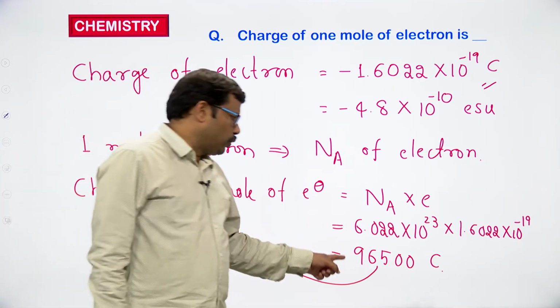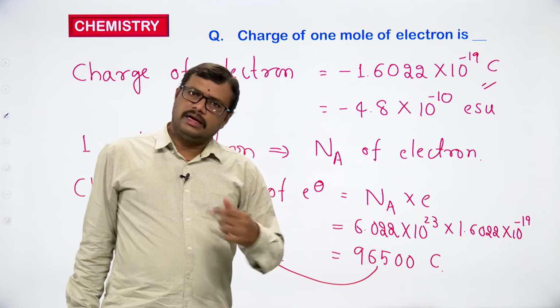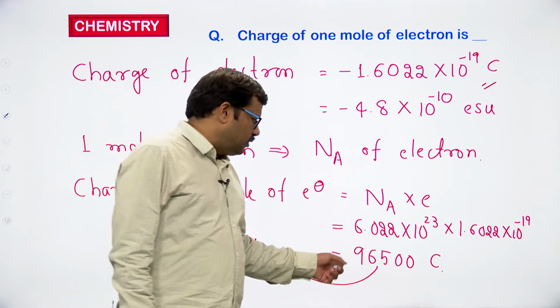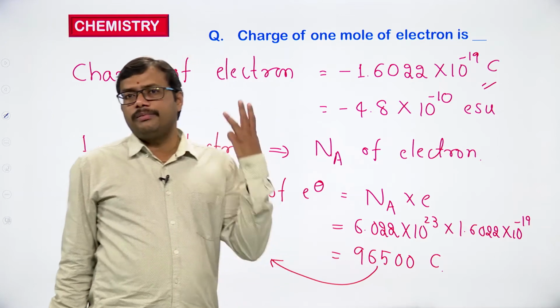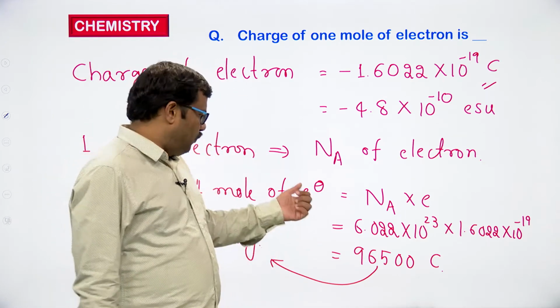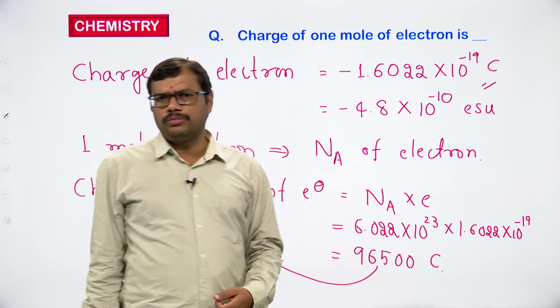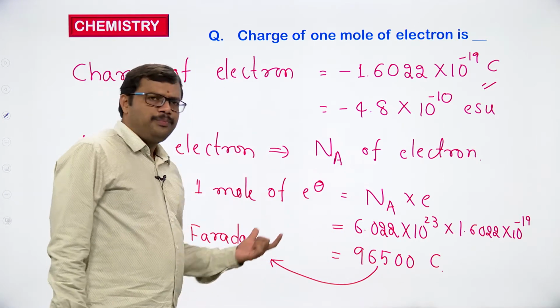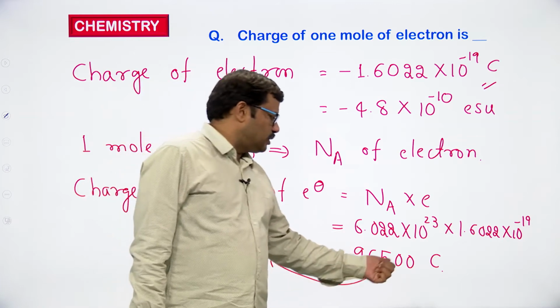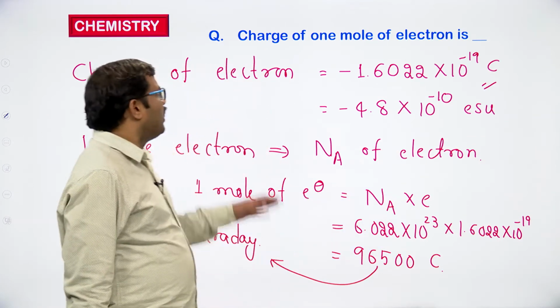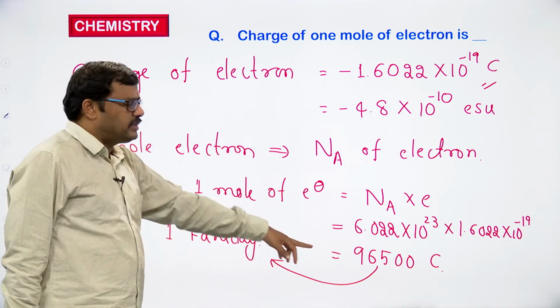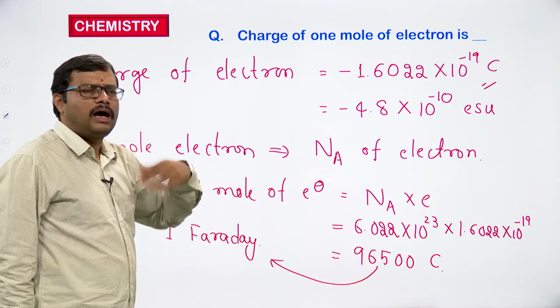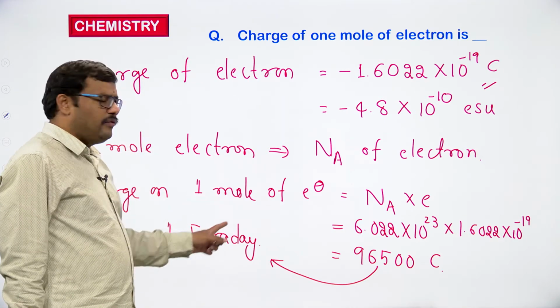If it is 2 into 96,500, then it is 2 Faraday. If it is 3 into 96,500, that will be 3 Faraday. If it is 4 into 96,500 coulombs, then it will be 4 Faradays. So the Faraday value is equal to 96,500 coulombs. So the charge of 1 mole of electrons is 96,500 coulombs, or we can also call it 1 Faraday.